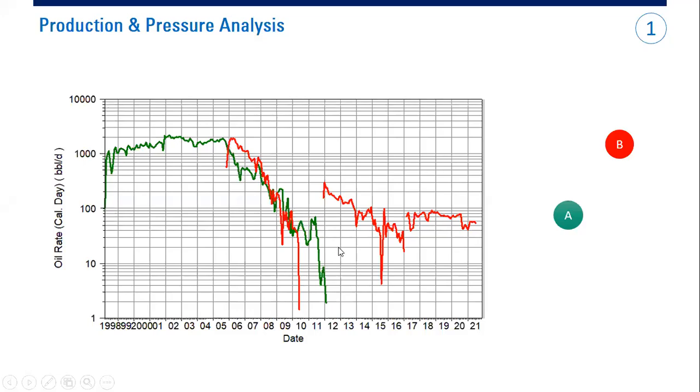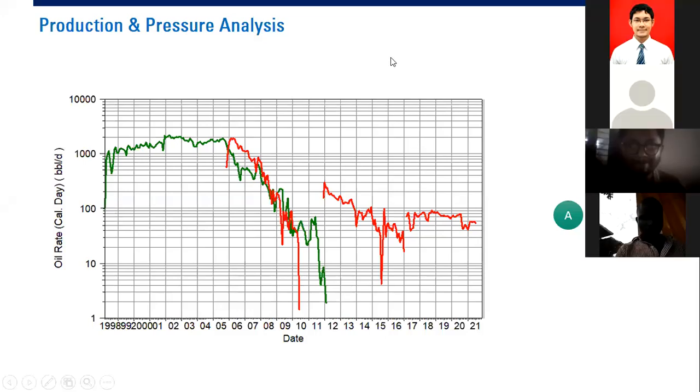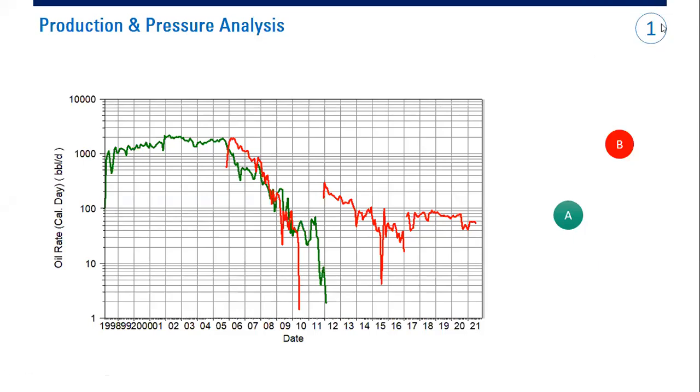So we can analyze that maybe there is production interference between well A and well B. And we don't like that. We don't like production interference, because they produce from the same zone, the same area. It's only production acceleration, not reserve addition. What we like is reserve addition, not production acceleration.